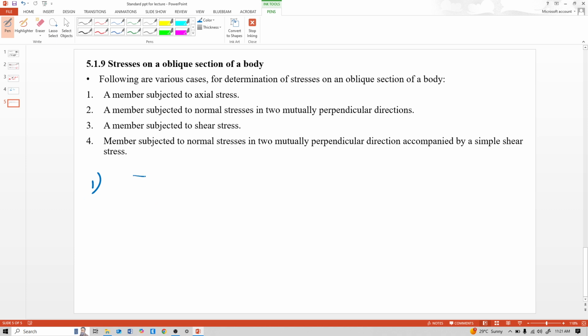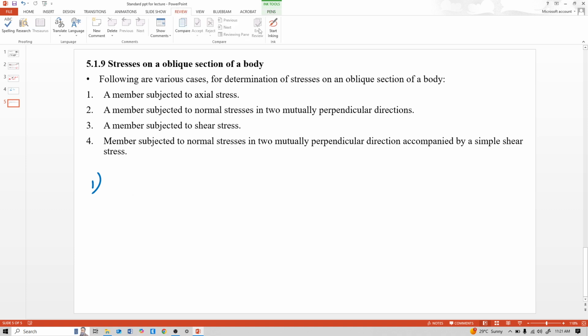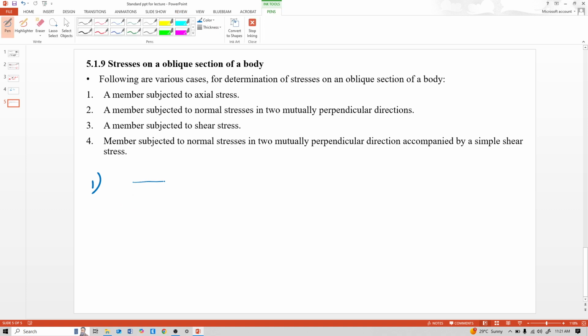That means this is a rectangular body ABCD, and this P load acts on this body. So this is a member subjected to axial stresses.